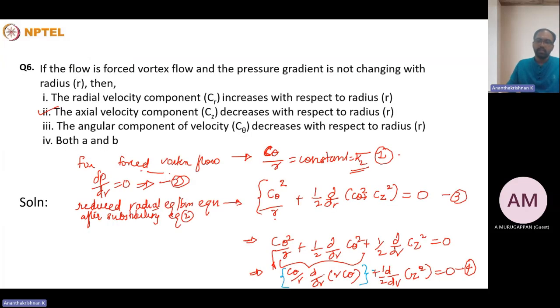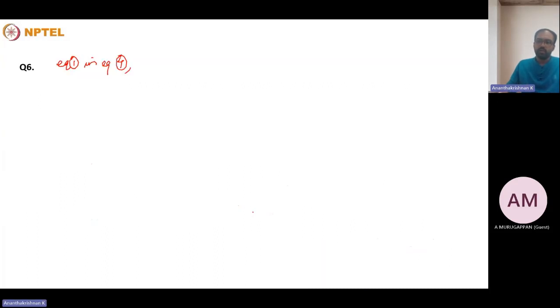So equation 1 is that C theta is equal to K2 into r. We substitute that in this particular equation. So in equation 4, all the C theta terms can be written as K2 into r. So it will come down to K2 into d by dr of r squared K2, plus 1 by 2 into d by dr of Cz squared equal to 0.